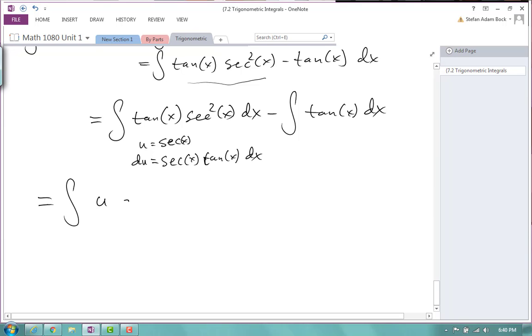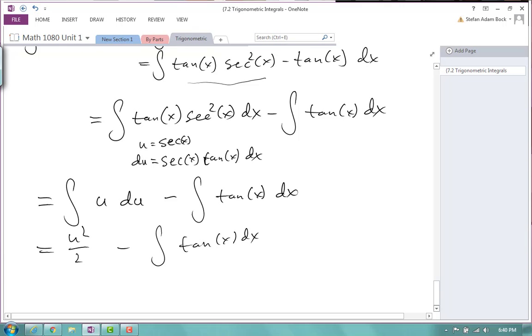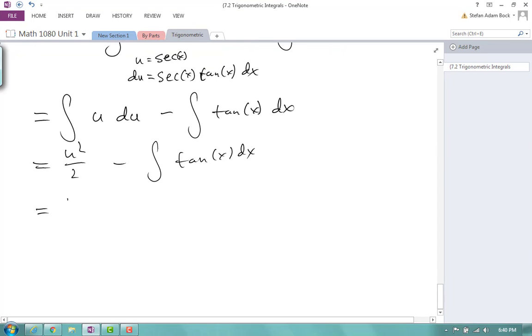I'll have u du, where this u is the one secant, and the du is secant times tangent dx, minus what's over here, tangent of x dx. So this is u squared over 2 minus the integral of tangent of x dx. So let's undo this first u substitution. So I'll have secant of x quantity squared over 2 minus the integral of sine of x over cosine of x dx.